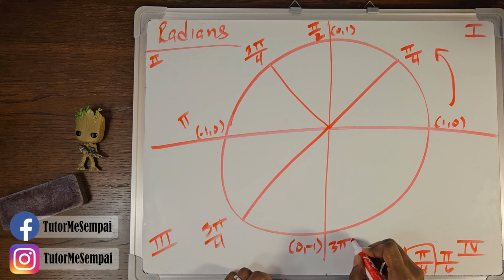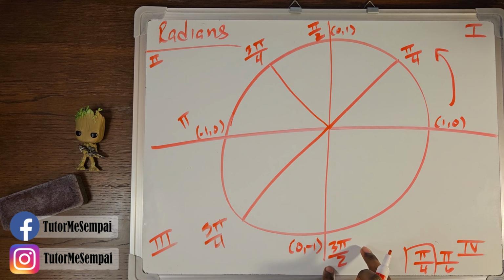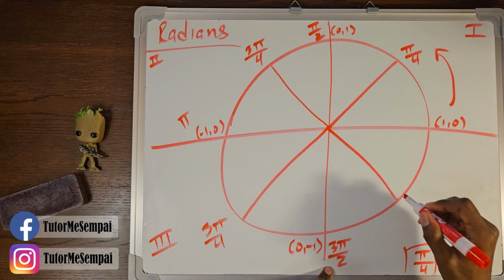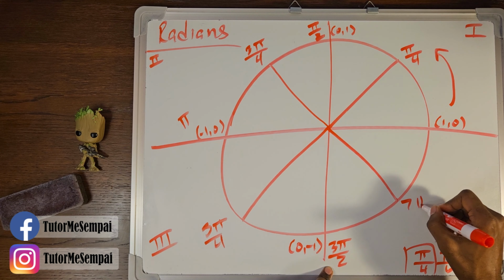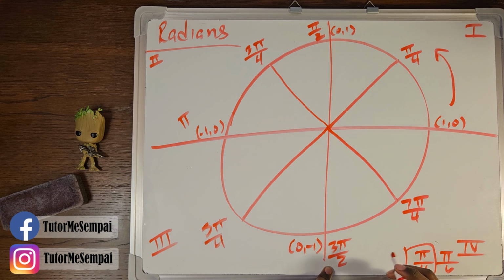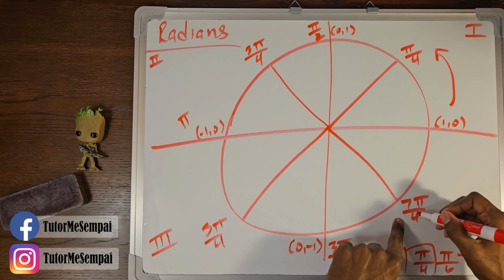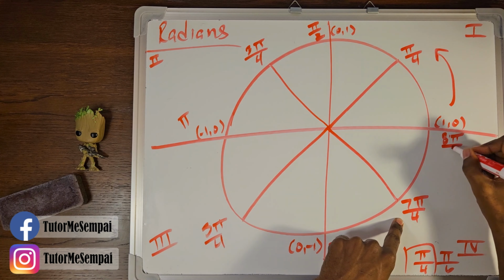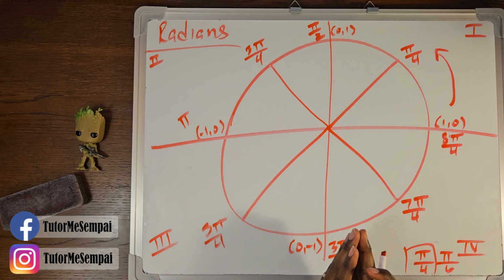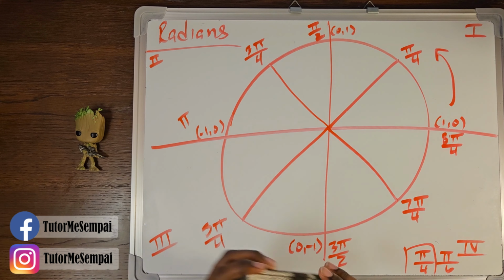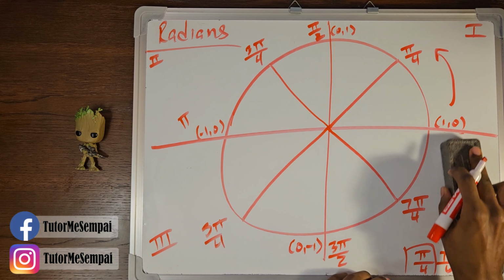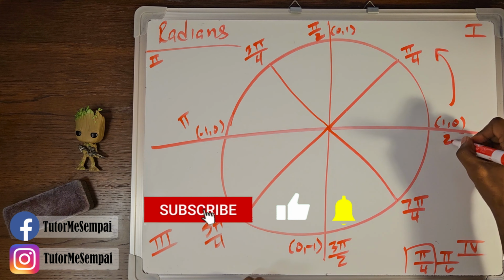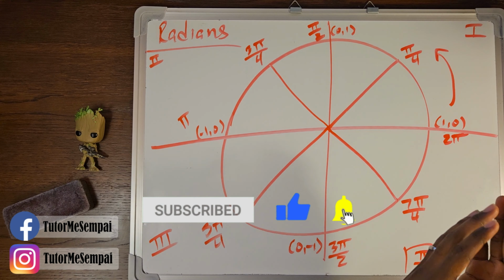So 3 pi over 2. But that was 6 pi over 4. So when you go here, it's going to be 7 pi over 4. You're counting. And then up here, you're going to have 8 pi over 4, which can be what when you simplify it? 2 pi. So you've gone from here all the way around back to here, which is 2 pi.